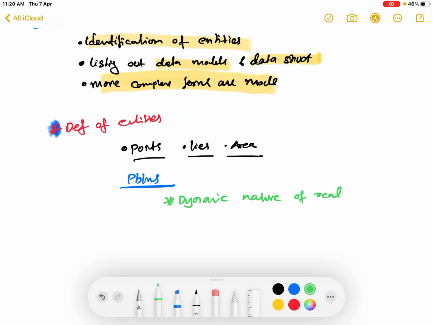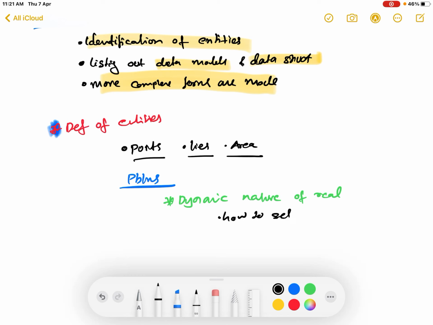The places are changing, the atmosphere is changing, everything is changing, nothing is static. If you look at a place, you can see new buildings coming, trees being cut, new structures and new roads coming. So nature is very dynamic, and we have to portray this dynamic nature of the world while we define the entities.